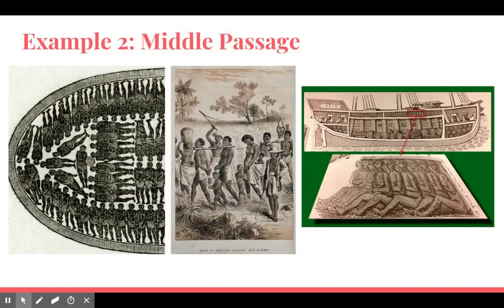So imagine that trauma of lying next to someone who is deceased. There were numerous uprisings. Please do not think that people aboard the Middle Passage just passively went to the New World. However, few uprisings were successful. Between 10 and 20 million Africans were sold into slavery once they survived the Middle Passage, and many, many people died prior to reaching the New World.